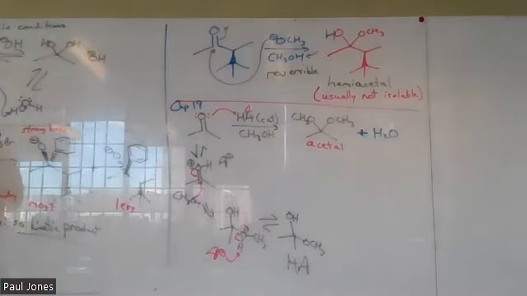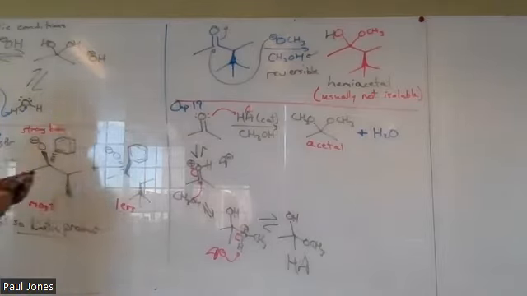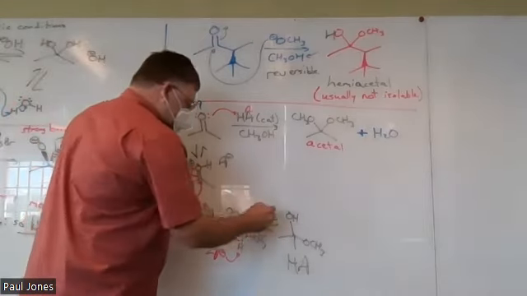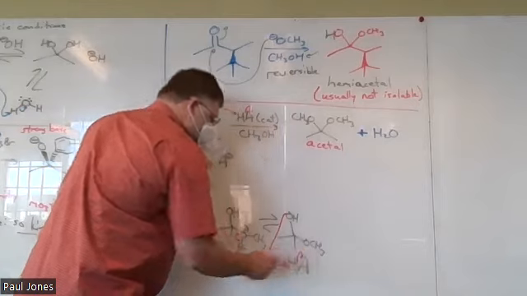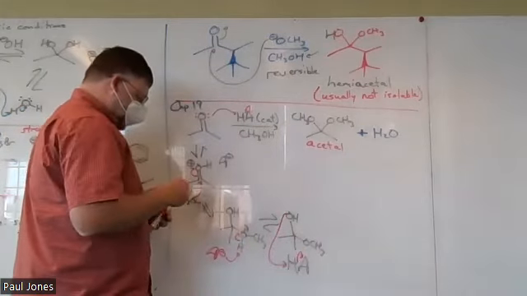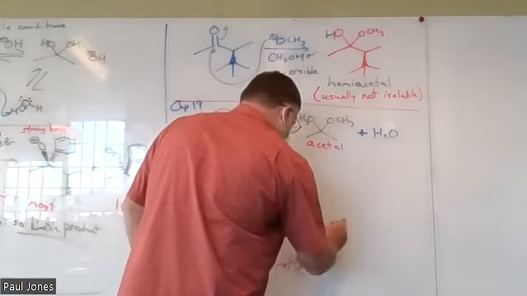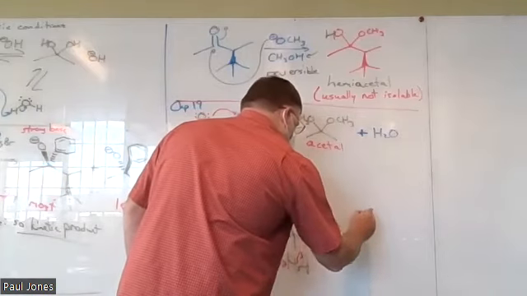Now, how do you get a second methoxy on, under acidic conditions? You're going to protonate the OH. So the OH is going to be protonated by strong acid.